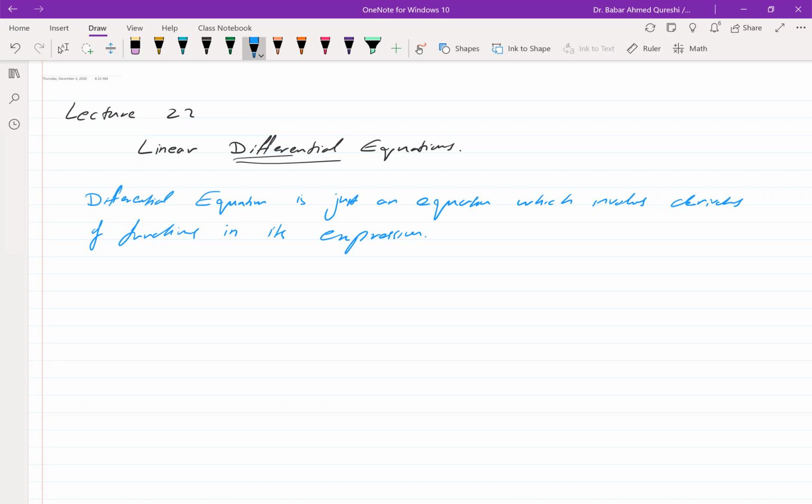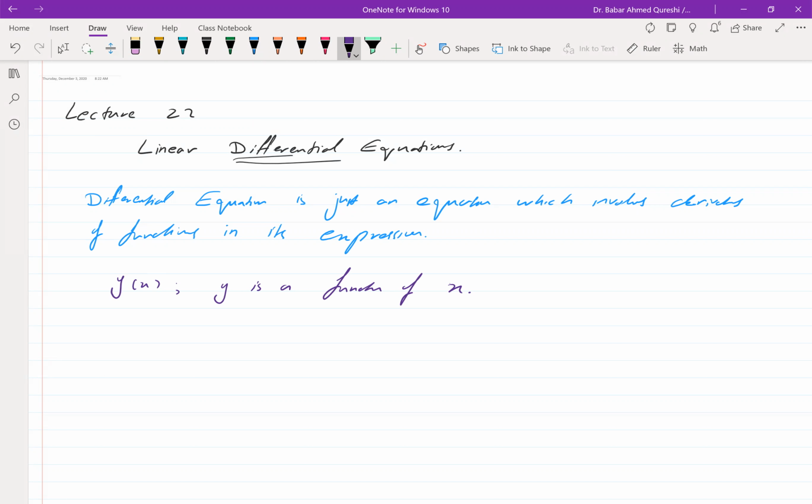For example, if you have a function y which is a function of x, and you write some relation between y, its derivatives and x.